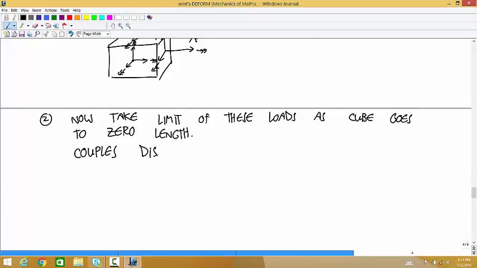The couples disappear because those moment arms are getting smaller and smaller.